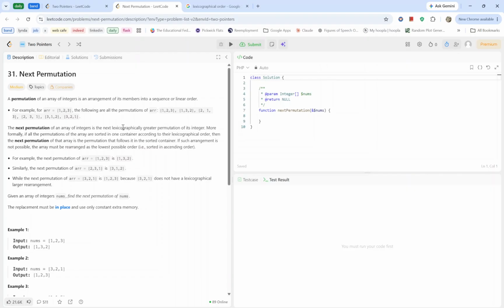The first thing I would think is how would you be able to create all the different permutations, and then sort them from beginning to end. That's the first problem, which I don't know what to do in terms of that.